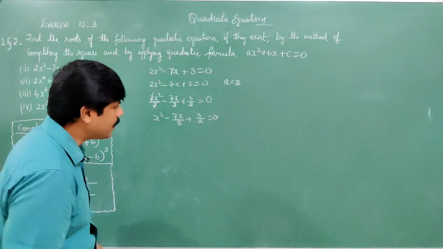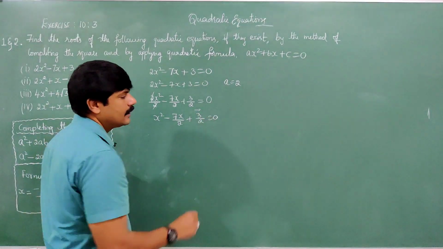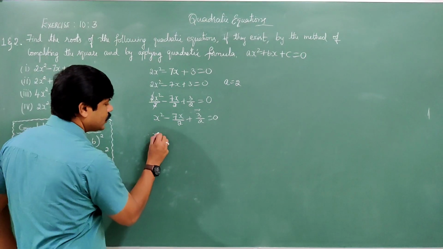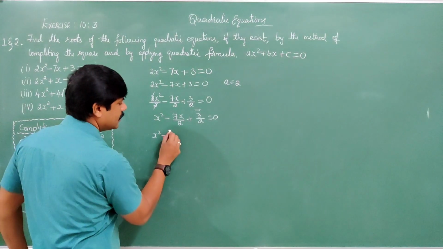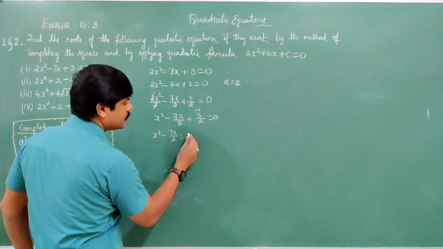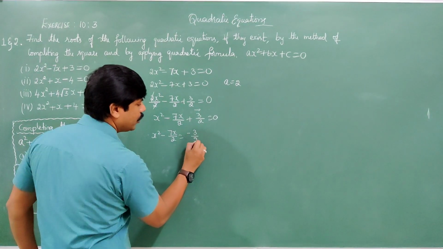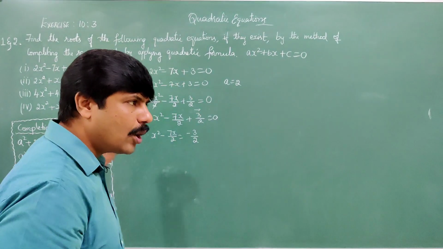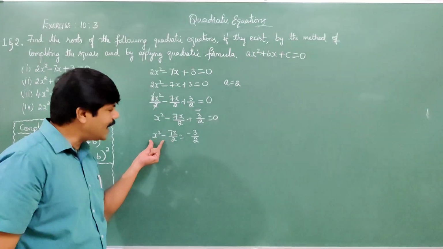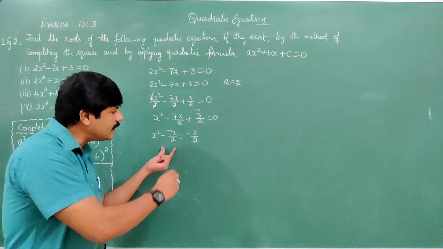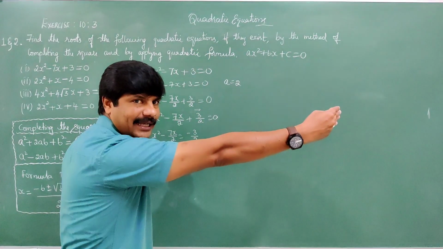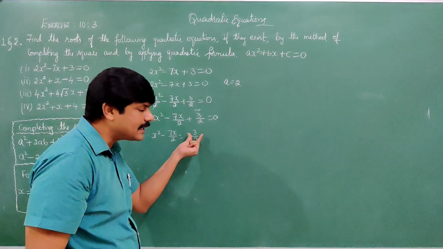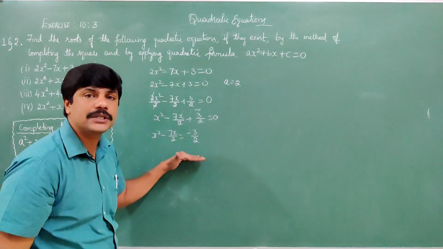Now the second step is to send the constant term 3 by 2 to the other side. x square minus 7x by 2 is equal to minus 3 by 2. In the LHS only x square and x should be there. The constant term should be transferred to the other side of the equals, so plus 3 by 2 becomes minus 3 by 2. This is the second step.